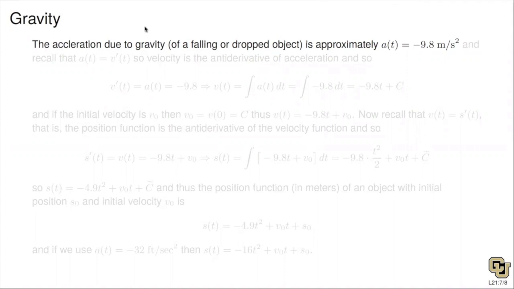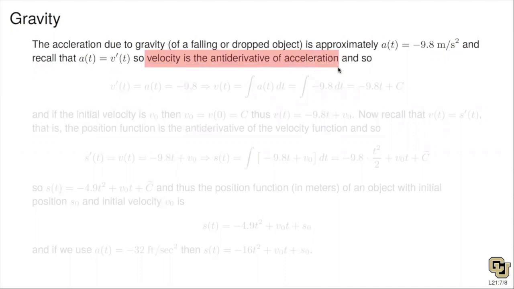But starting with our acceleration due to gravity, negative 9.8 meters per second squared, keeping in mind that the acceleration is the derivative of the velocity. Another way to say that is that the velocity is the antiderivative of the acceleration. Here the game we're playing is that we know the acceleration and nothing else, and we'd like to find the velocity and position function.